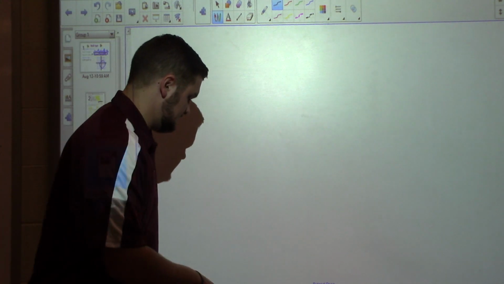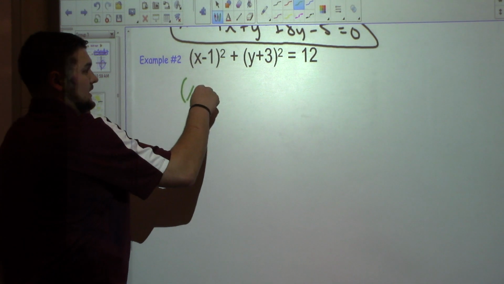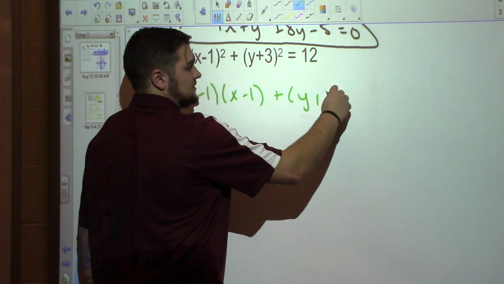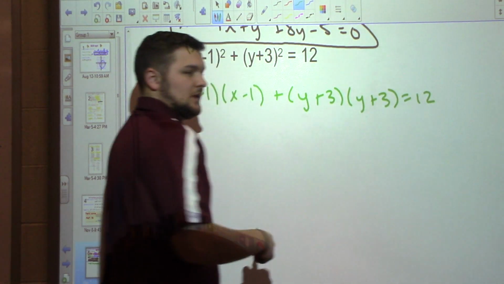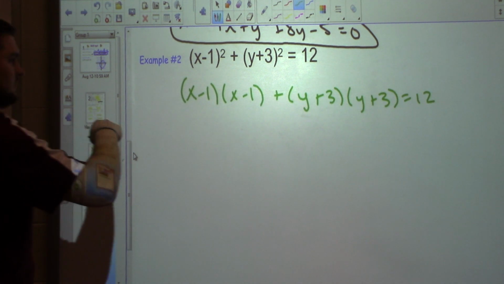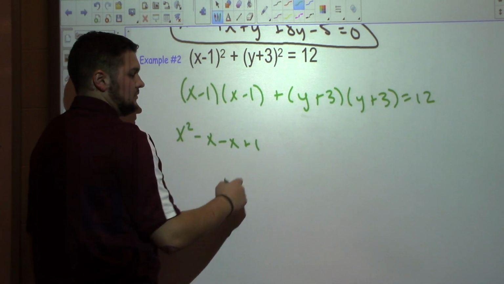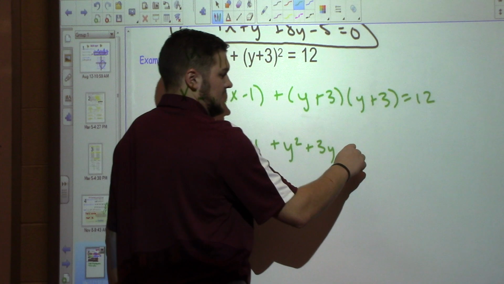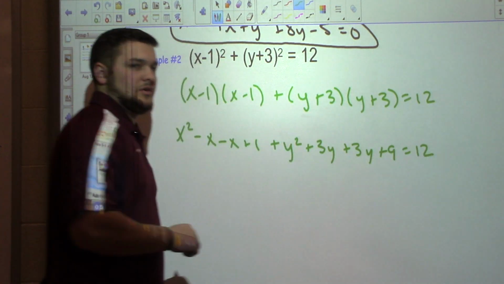x minus 1 times x minus 1 plus y plus 3 times y plus 3 equals 12. Okay? FOIL it out. X squared minus 2x plus 1 plus y squared plus 6y plus 9 equals 12.